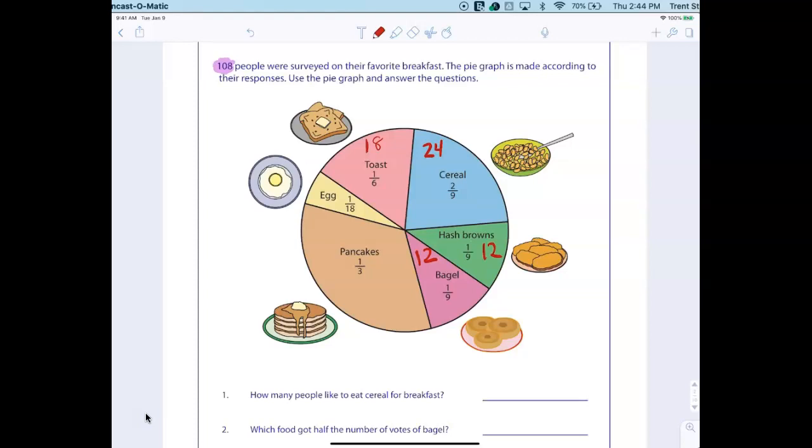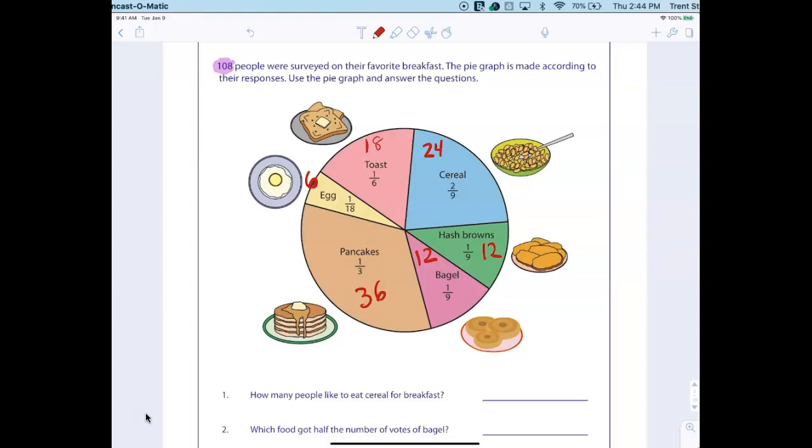And then pancakes, 36. And then what about the egg? 6 people. Sorry, I know there's not always enough room to write everything that we need to write. But that's the important part.